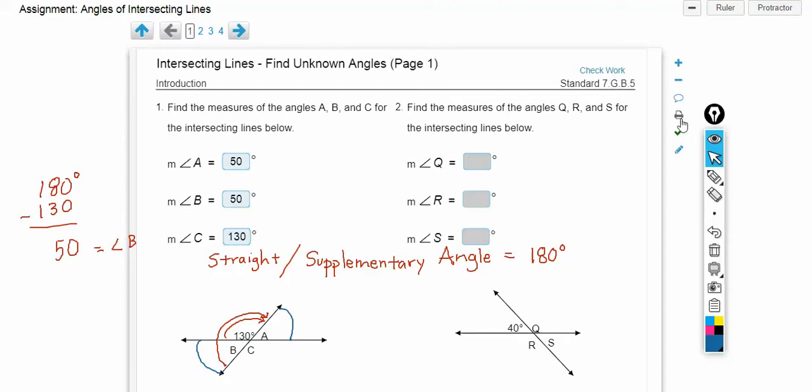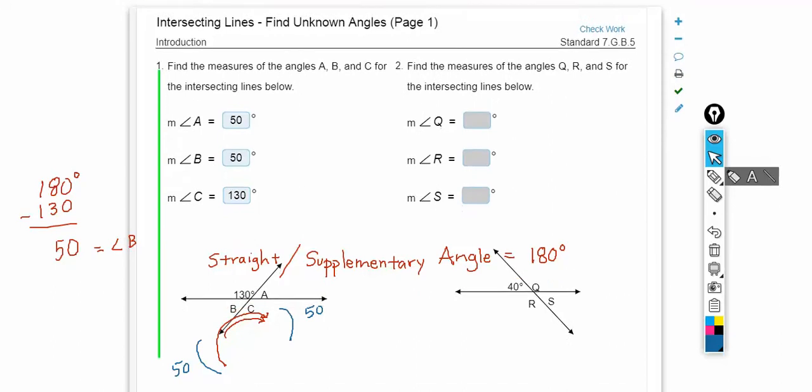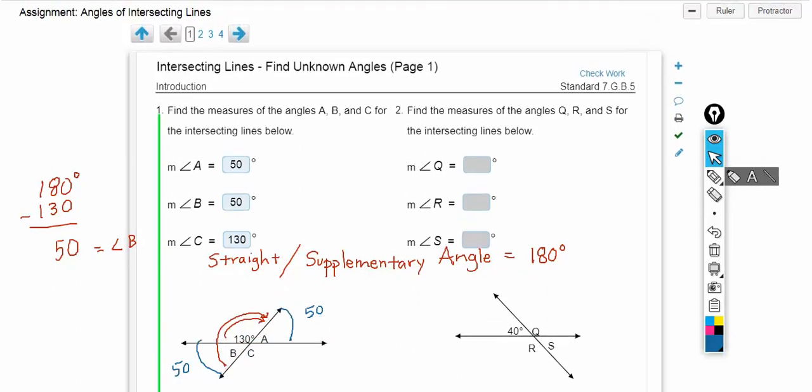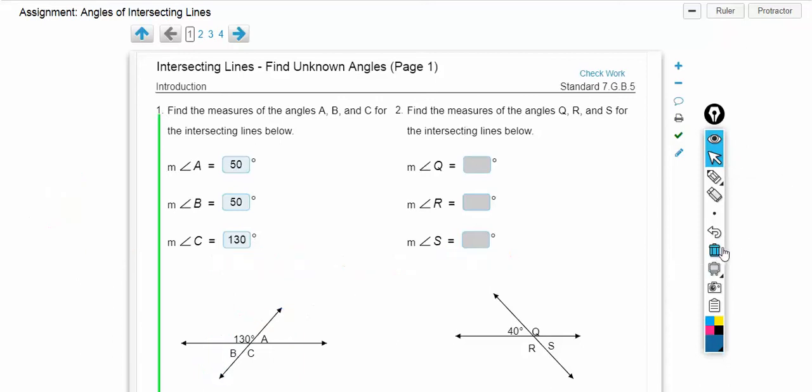So this is 50, and they're vertical angles, so this is going to also be 50. Then we can check that, and that looks good. Copy that in your notes. Pause and rewind as necessary. I'm going to move on to the next angle.